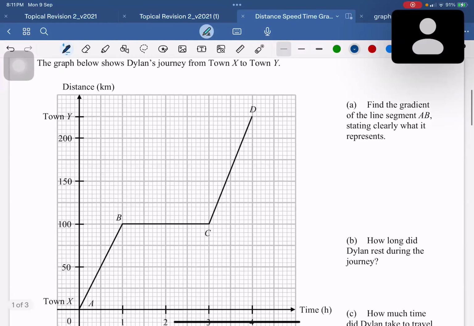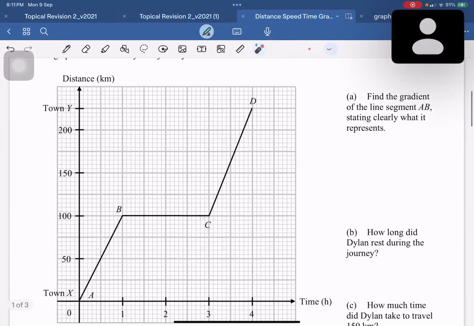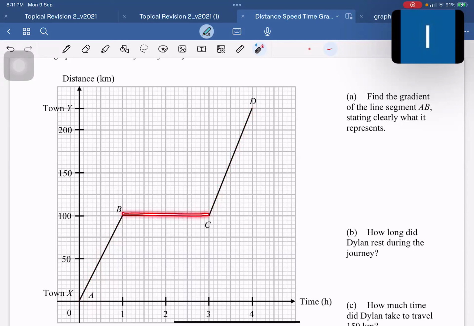This graph shows Dylan's journey from town X to town Y. We all study physics, right? Straight line means what kind of speed in your distance time graph? Constant speed. Very good. Then I have this portion that is a flat line. It's a straight line, but it's flat.